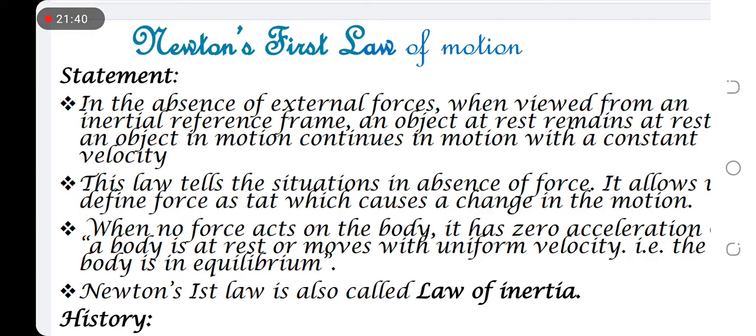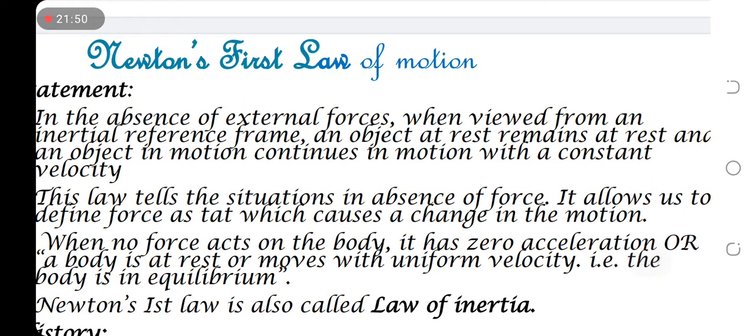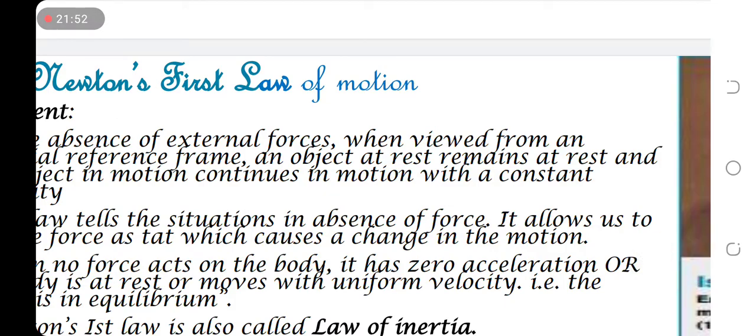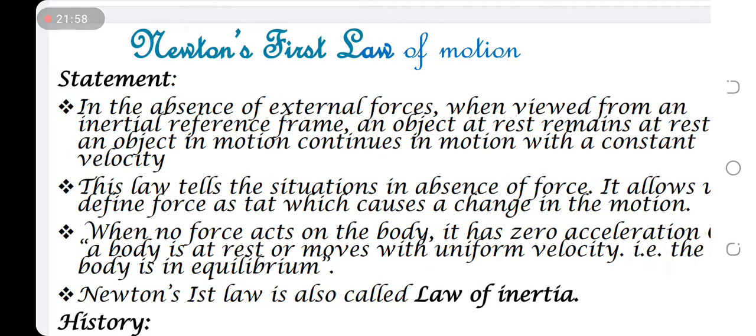We can state this law: in the absence of external forces, when viewed from an inertial frame of reference, an object at rest remains at rest, and an object in motion continues in motion with constant velocity.